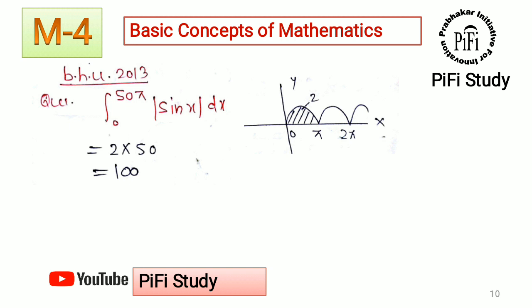So the area for 0 to pi is 2, and you have to calculate the area for 0 to 50 pi. If the area of 0 to pi is 2, then for 0 to 50 pi you have 50 such graphs. So 2 into 50 is equal to 100. So this type of question you can solve using the graphical method in a very easy manner.